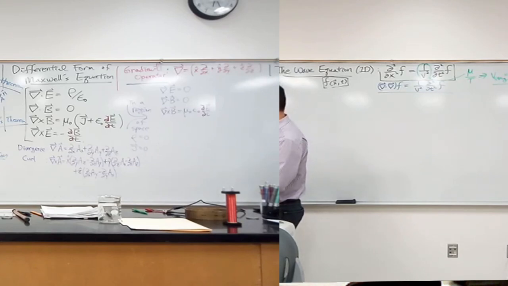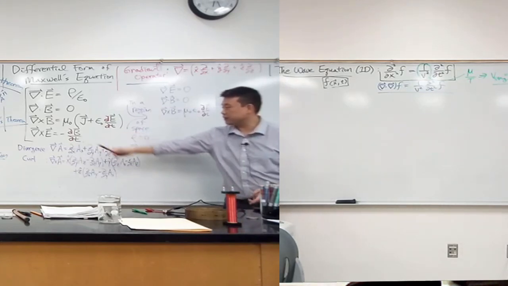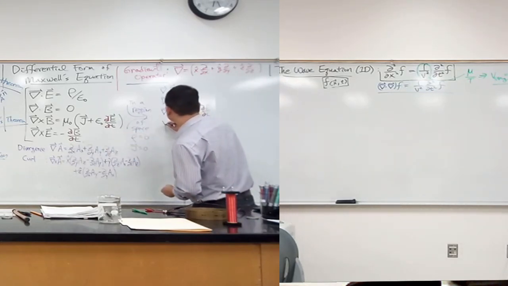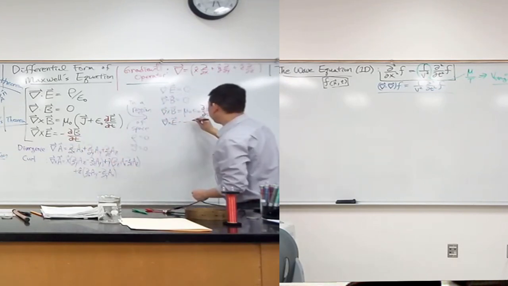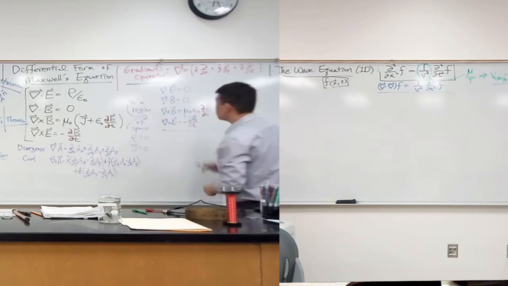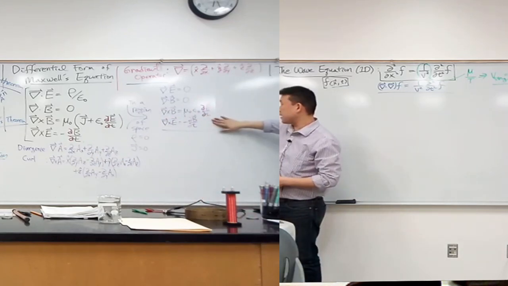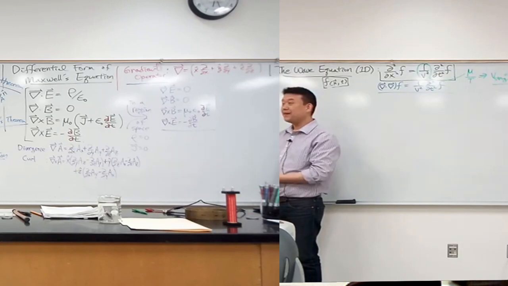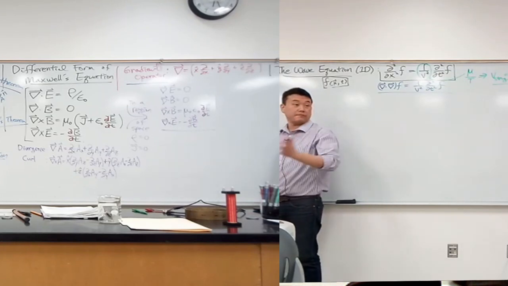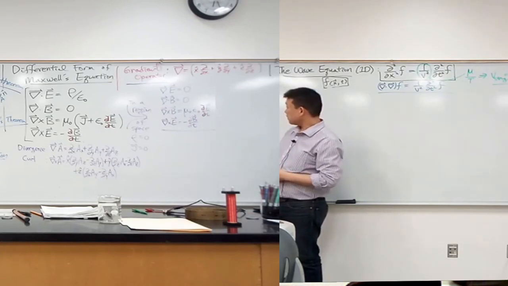All right, so the curl of the electric field equals minus the time derivative of the magnetic field. So this is the simplified Maxwell's equation in, I guess, actual vacuum, where there's no charge, there's nothing.